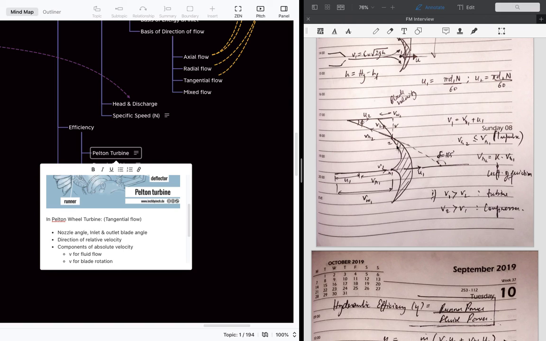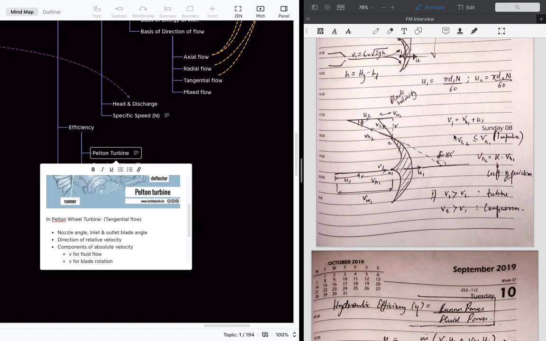So water enters here and releases outside like this. So this is absolute velocity V2, relative velocity, flow velocity, whirl velocity, and the blade velocity. So this is the exit outlet angle, not the outlet blade angle. We have discussed that for the Pelton turbine, Pelton wheel, for the exit relative velocity VR2, the angle will be this 165 degrees.